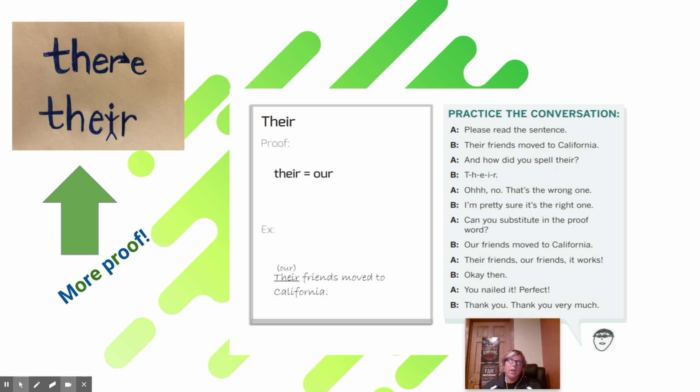So, if we think about this kind of there, their friends moved to California. We're really talking about people. These people's friends moved. And so people really are symbolic of that word their, and also in the word our. Like our people, our friends moved to California. That's talking about people.